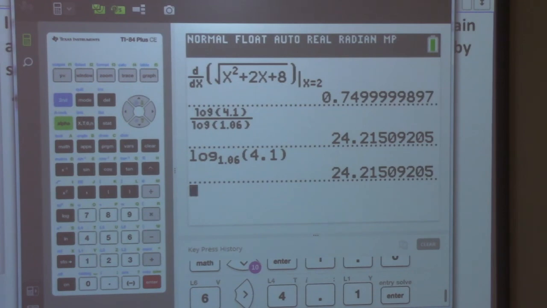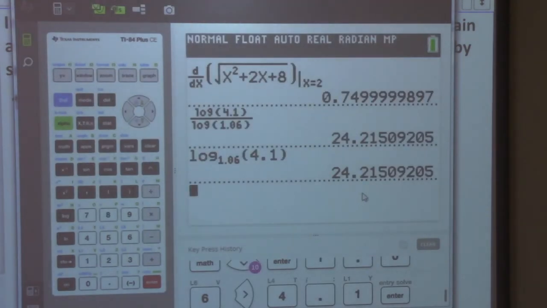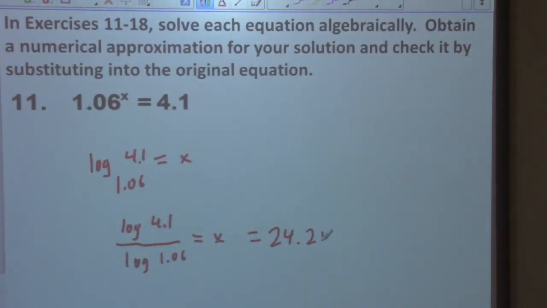Whew. So, was it 24.215? Okay, does that make sense? Okay, good.